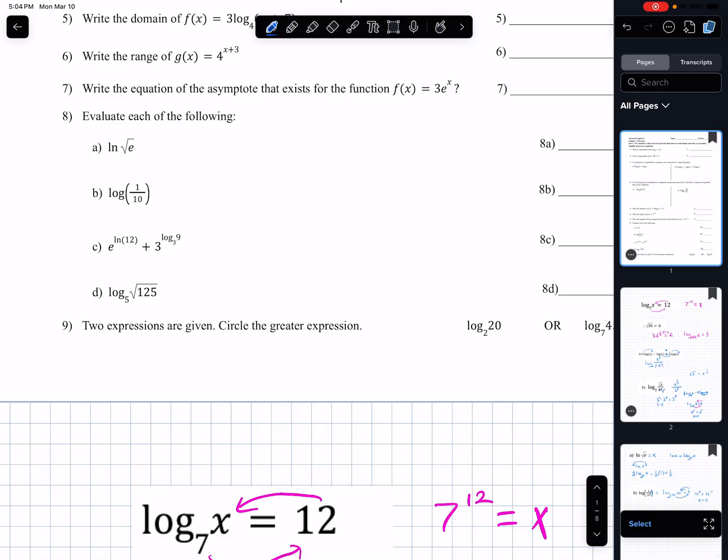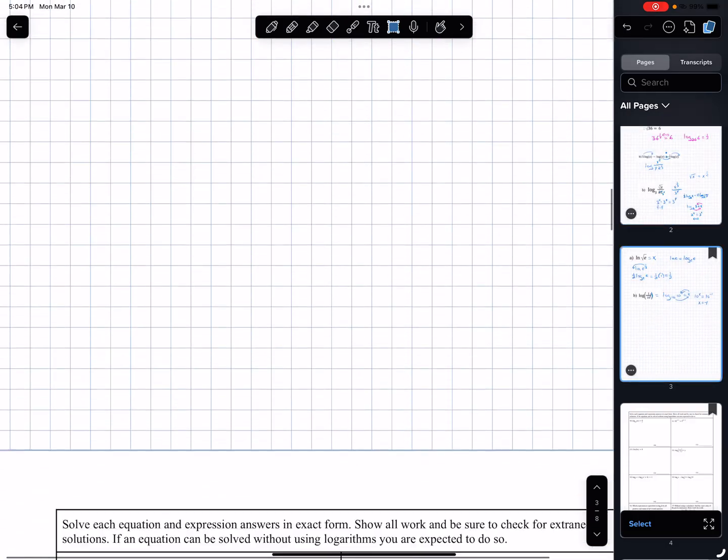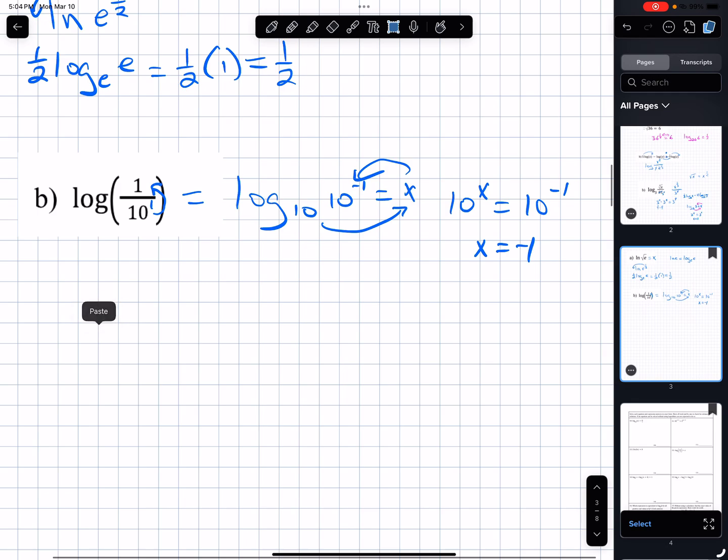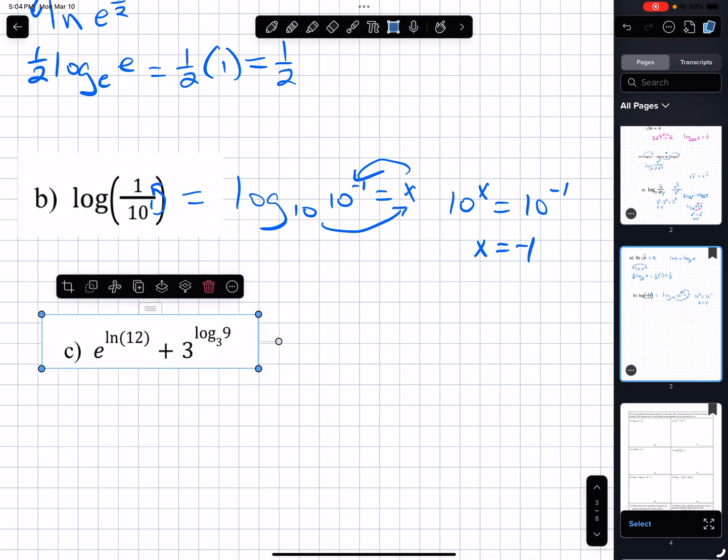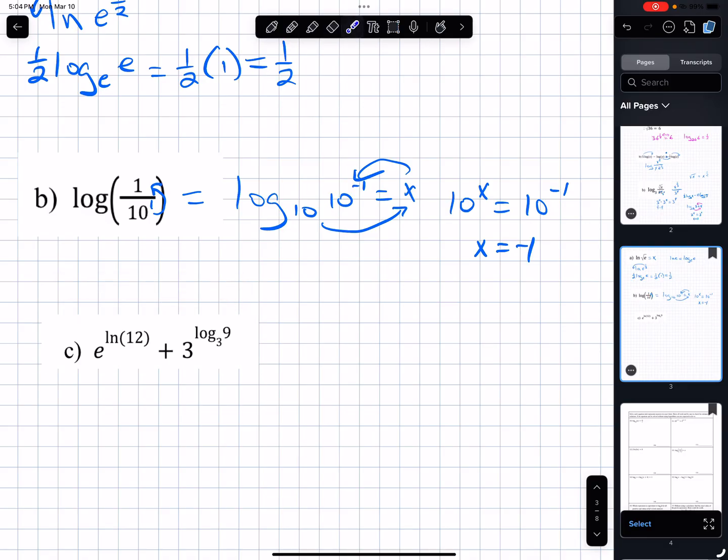Do you just bring it down, like ln e down? So it's ln e. I've got to copy it because I can't write on this thing. Because this is log base e of e to the 12th, all it does is equal 12. That equals 9.